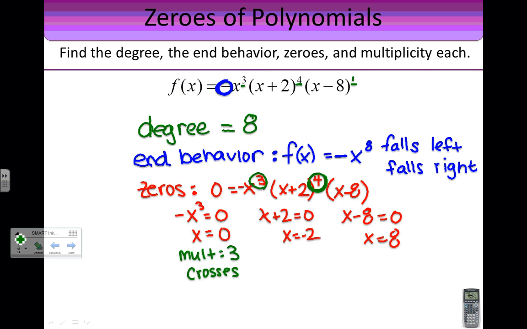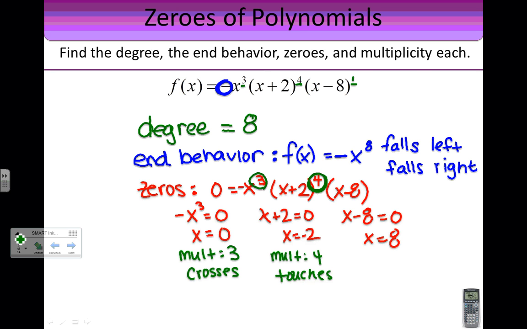Okay, because we have x plus 2 times x plus 2 times x plus 2 times x plus 2. So that negative 2 occurs 4 times in our function. So the multiplicity is 4. It's an even multiplicity, which means it's going to just touch the x-axis and bounce right off.